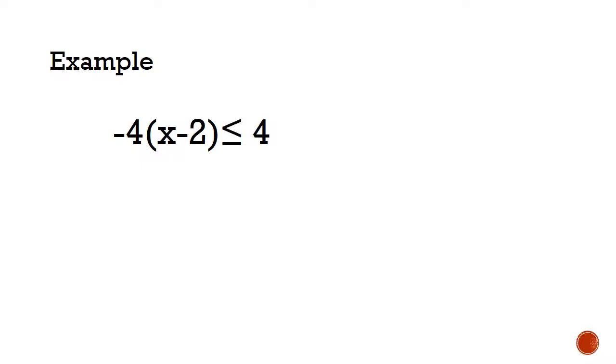Let's take a look at this example. We have negative 4 times x minus 2 less than or equal to 4. We said that we solve inequalities almost the same way we solve equations. That means we start with the distributive property, distributing negative 4 into the parentheses.